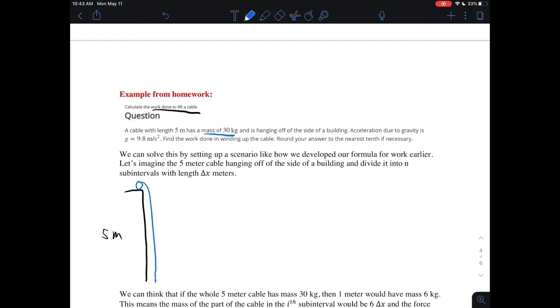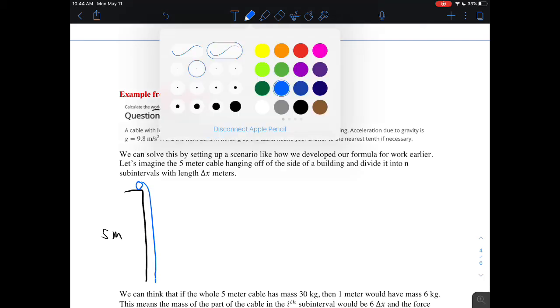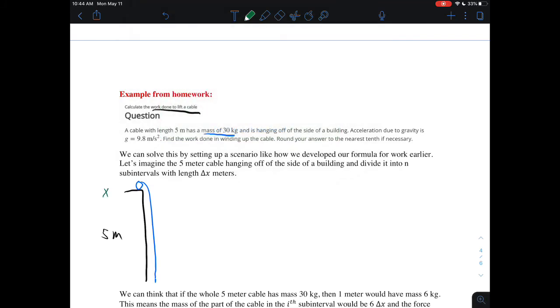This is giving us a clue that we have a varying force that it's going to take to pull this cable up. So what might help us is, let's imagine the 5 meter cable hanging off the side of the building and divide it into n subintervals, just like I did from the beginning of this section. So I'm going to say that x equal 0 is the top of the building, because essentially that means I'll have no cable length left to pull up. And x equal 5 will be at the bottom.